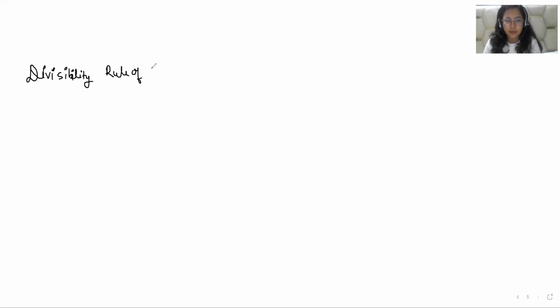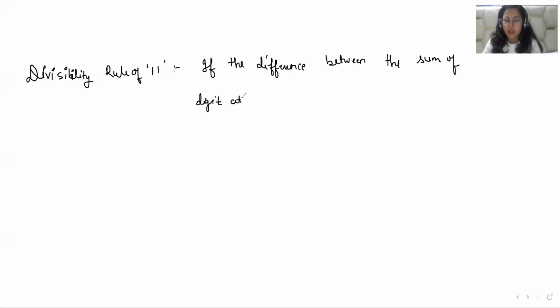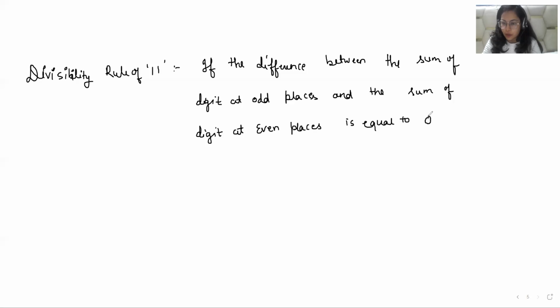The rule of 11: if the difference between the sum of digits at odd places and the sum of digits at even places is equal to 0 or a multiple of 11.